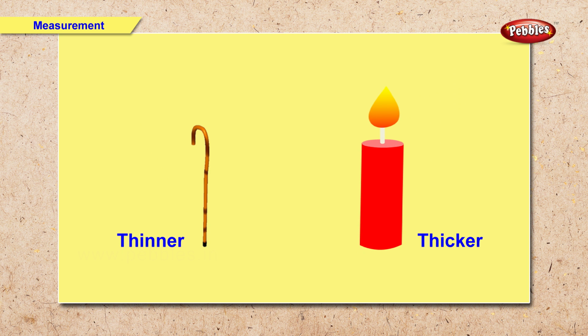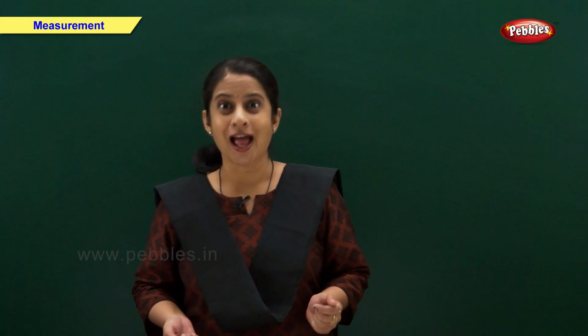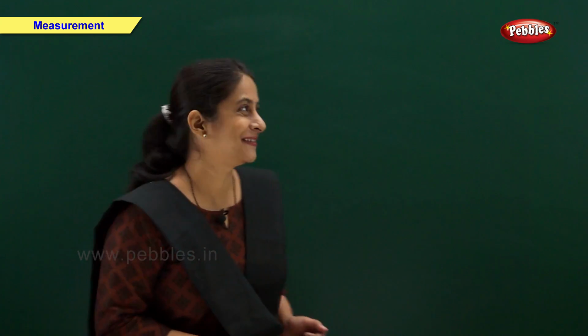Now we have a candle and a stick, and you tell me which object is thicker and which object is thinner. Come on, tell me fast. Right, the candle is thicker. The stick is thinner. Now let us see thicker and thinner.